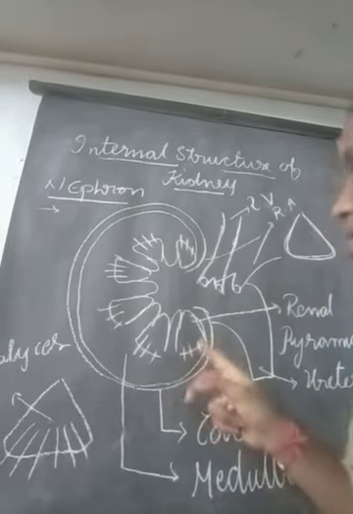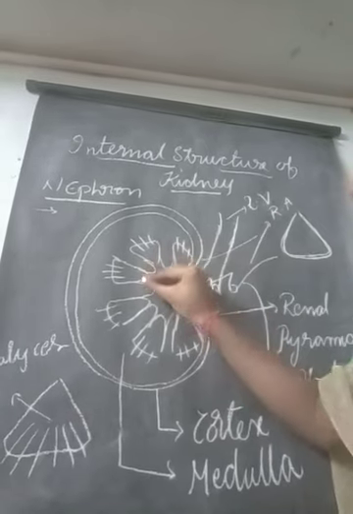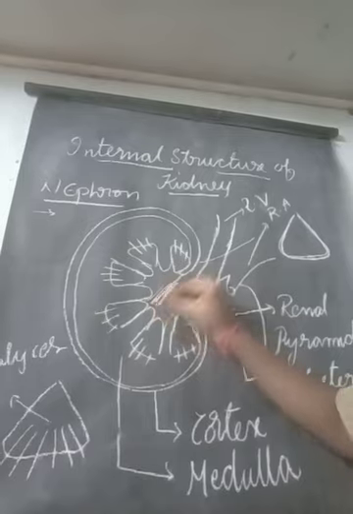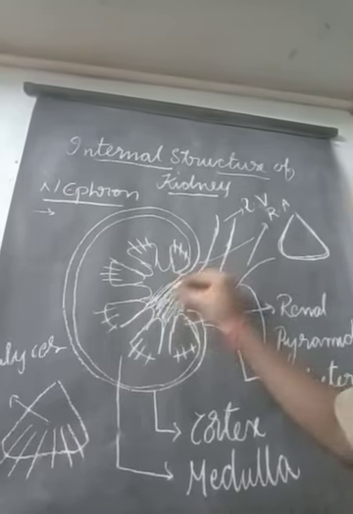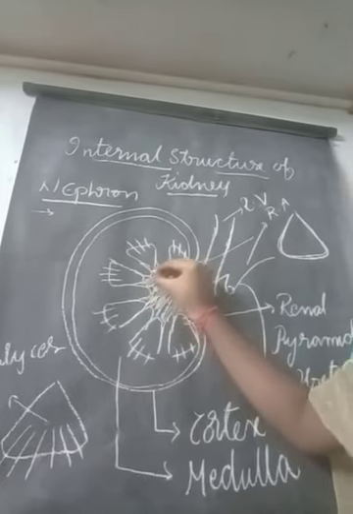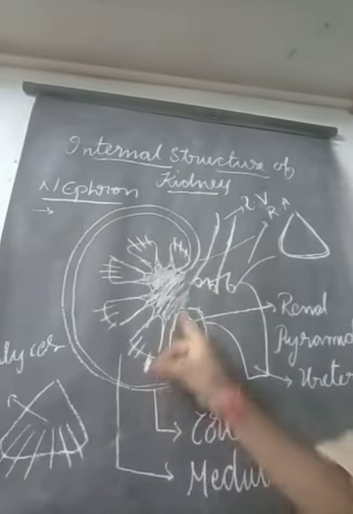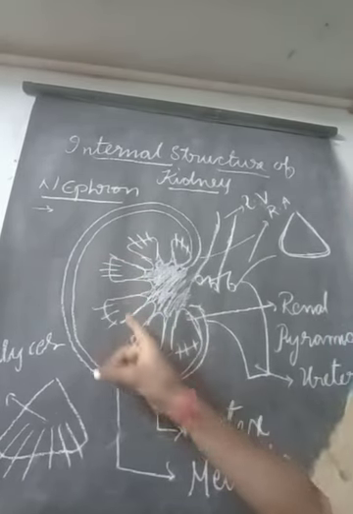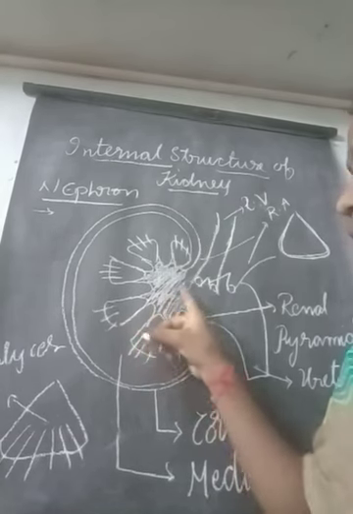And all these renal pyramids are opening into a particular zone. Have you seen this portion? I am shading that portion. All the renal pyramids, 1, 2, 3, 4, 5, 6, whatever number there are, open into a middle zone.